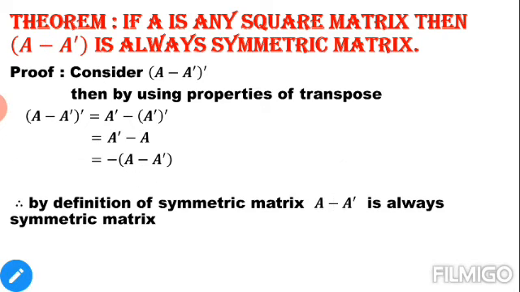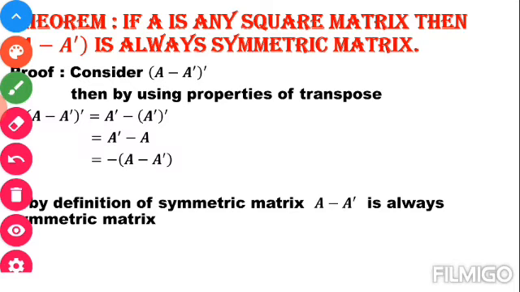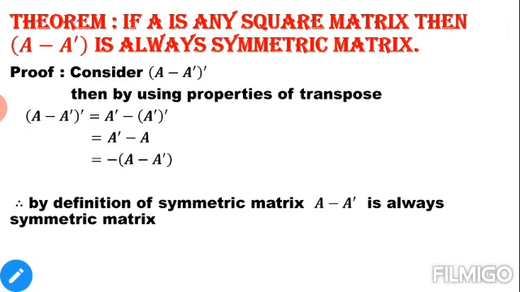Now let's see the next theorem, which is similar to the previous one. If A is any square matrix, then A minus A transpose is always a skew symmetric matrix. For this again we start in the same manner, the whole transpose of A minus A transpose. By the property, this is A transpose minus the whole transpose of A transpose.